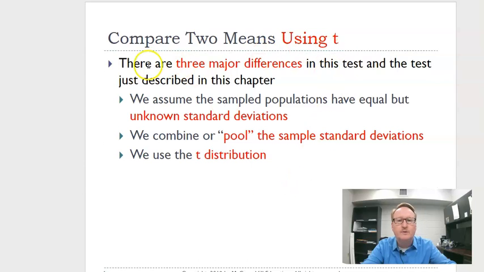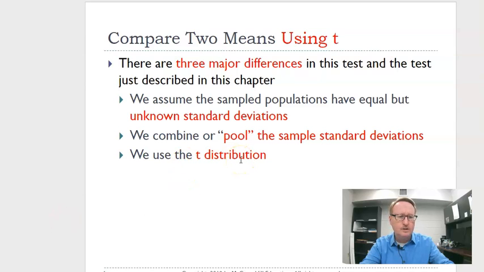T-test for 2 samples. The main thing is you have unknown standard deviation and variance of the population, right? So you have to pull the sample standard deviations of the different samples, right? To come up with what you're going to estimate.